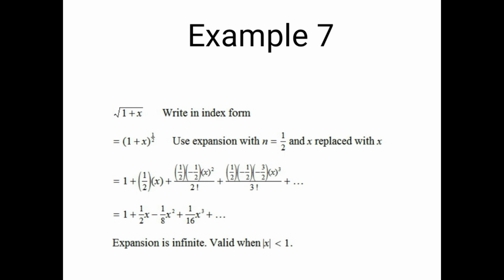Now simplifying, we have that the square root of 1 plus x is 1 plus half x minus 1 over 8 x squared plus 1 over 16 x cubed, plus to infinity. Now this expansion is infinite and it is valid when the absolute value of x is less than 1.